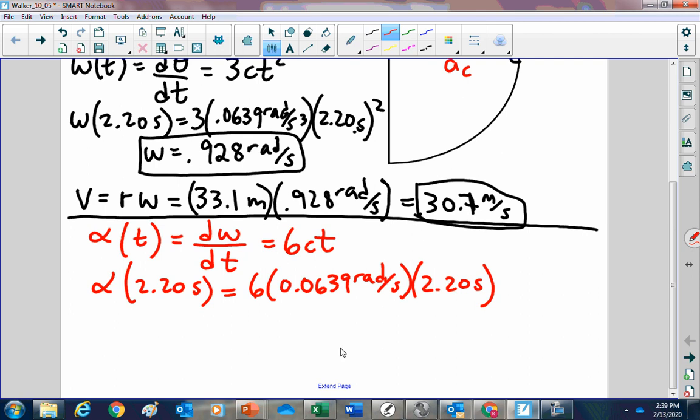Sorry, I have missed the units here. Okay, there we go. And we will get 0.843. This becomes radians per second squared, which I expected.